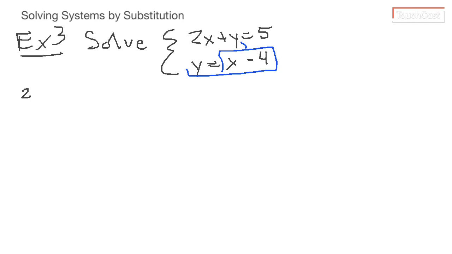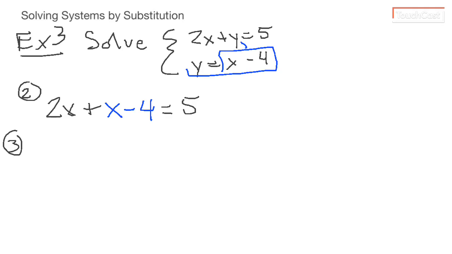So step 2, we were able to skip step 1. We're going to have 2x plus, and instead of writing y, we're going to replace y with x minus 4, and that's going to equal 5. So now we're going to move on to step 3, where we're going to solve for the variable we have.